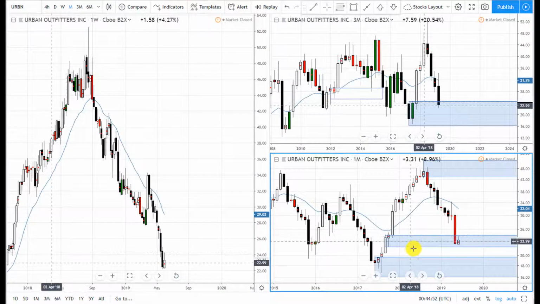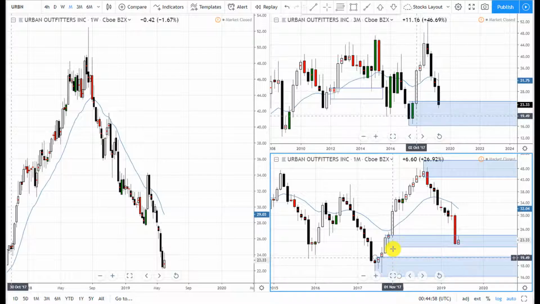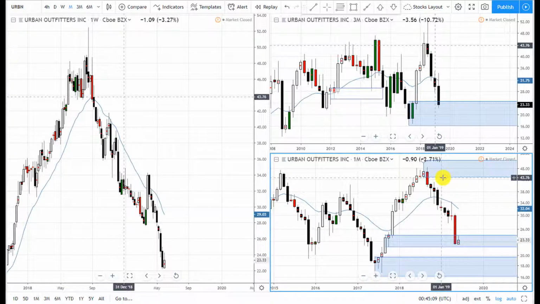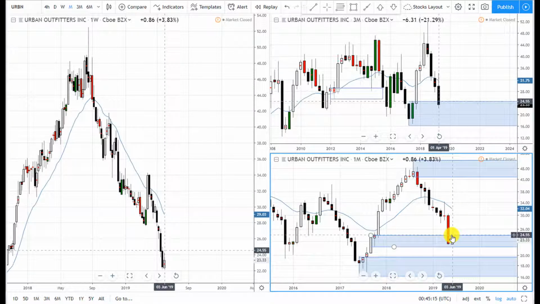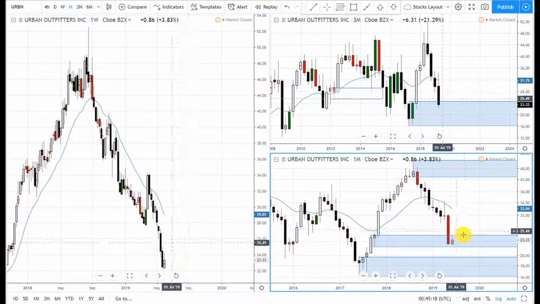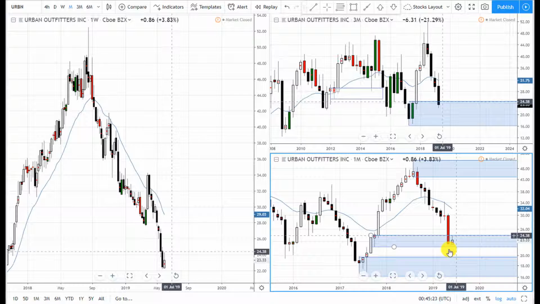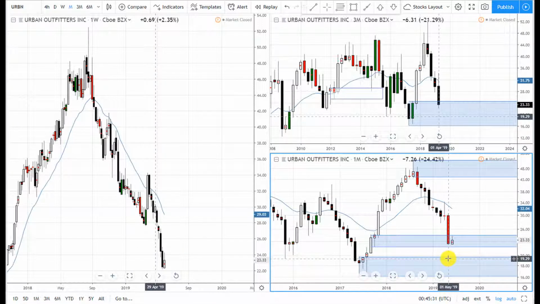You'll notice that this demand zone is the same as this one and this one as well, but this one is in the wicks of this candle, while this one is right at the proximal line of this candle. No matter what, we have to wait for confirmation just because price is moving down. But if it bounces here, then we can go long, or else if it breaks through this demand zone, then we have to wait down here to buy.